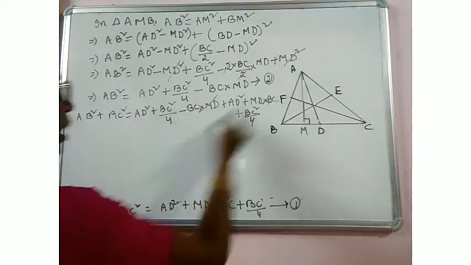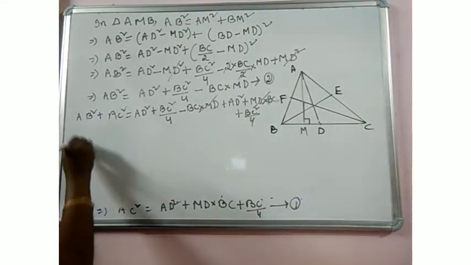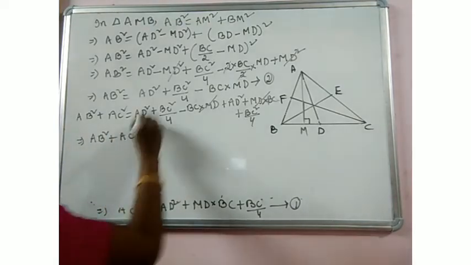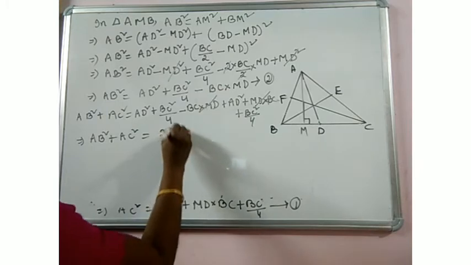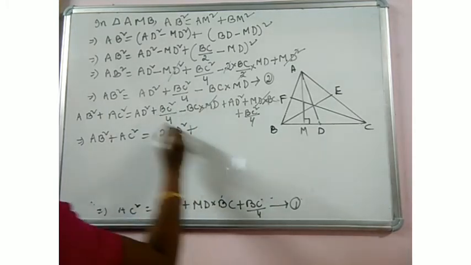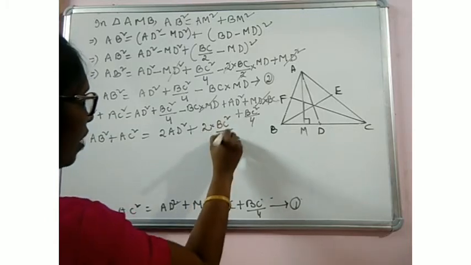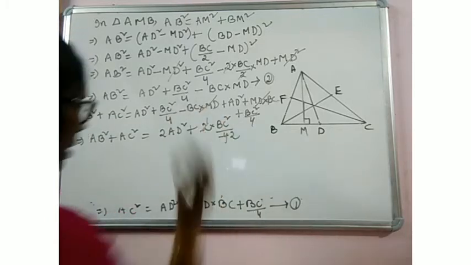So minus BC into MD plus MD into BC cancelled. So AB square plus AC square equal to AD square plus AD square is 2AD square, and BC square by 4 plus BC square by 4 is 2 into BC square by 4.